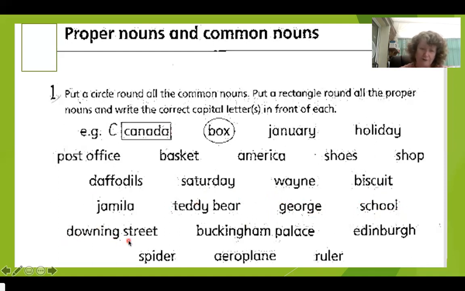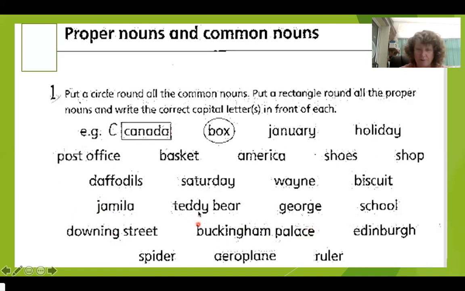Oh, Downing Street. Now that is definitely a particular name. It's the name of the street, Downing Street. So Downing has a capital D, Street has a capital S, and this is in a rectangle. Buckingham Palace, here we go. Not any palace, but Buckingham Palace, that would be in a rectangle.